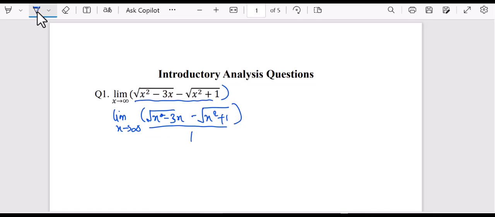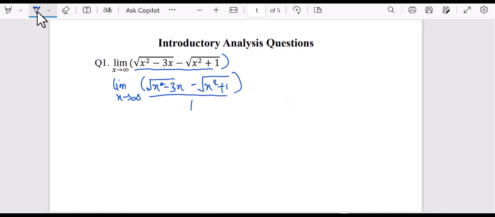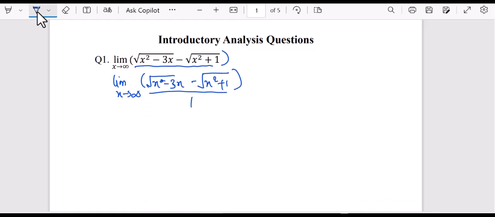So in our calculus course, you know that we can rationalize from the numerator. So that is what we are going to do here.